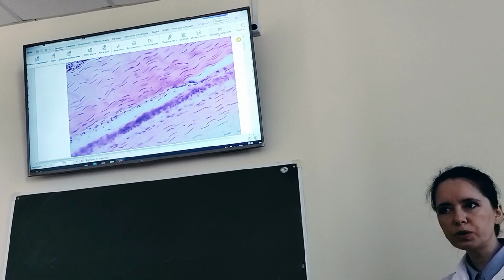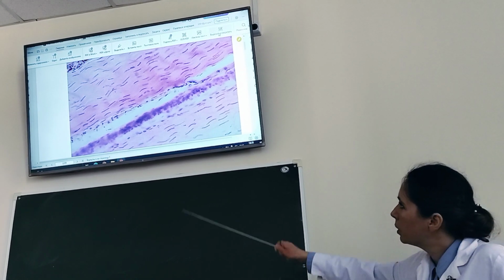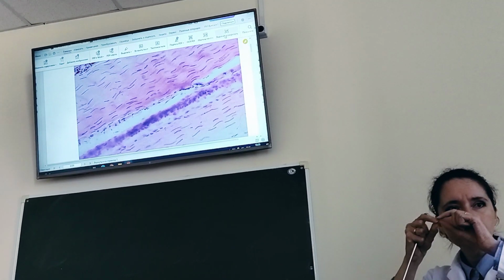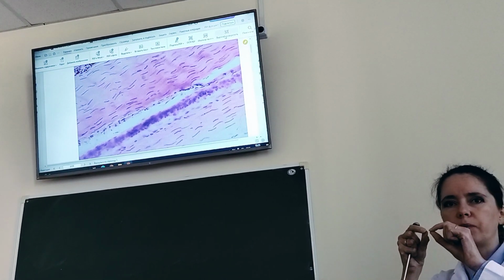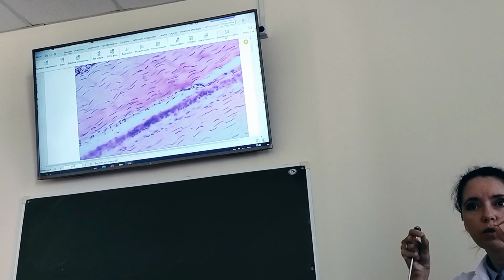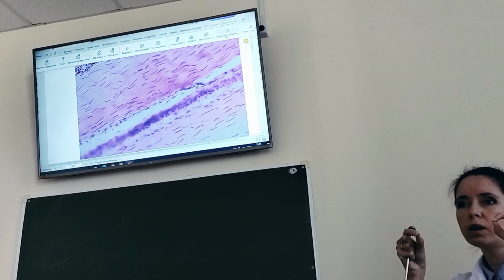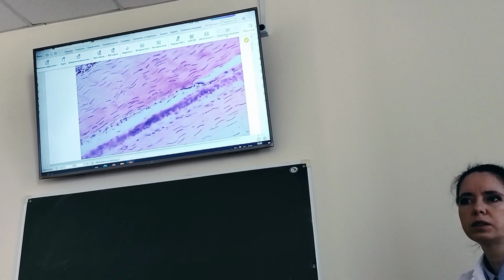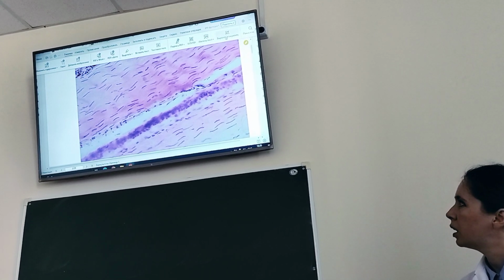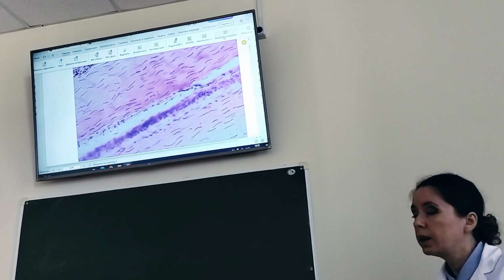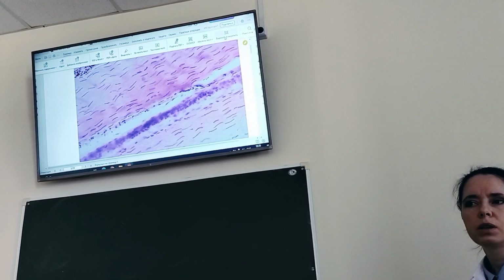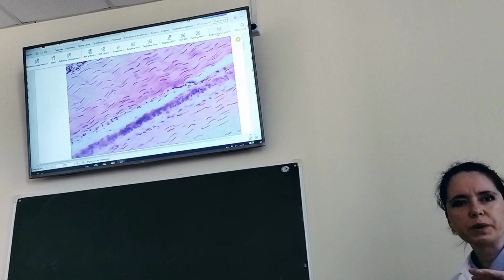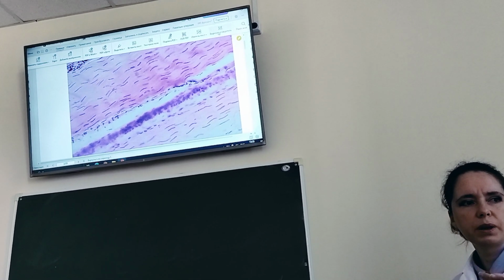arranged as bundles of the first order, separated by what? By very highly elongated nuclei of fibrocytes, or tendinocytes, tendon cells. Collagen fibers show oxyphilic properties, stained by eosin.